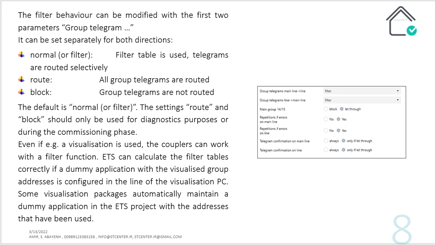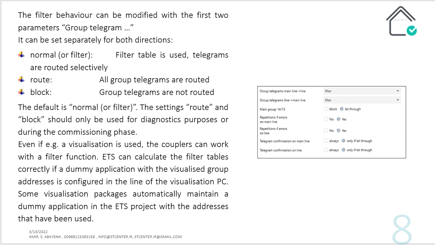Normal, which means with a filter: the filters are applied, and by default in the parameters these settings are set for the couplers. And we also have route, which means there is no filter and all the telegrams can be routed. And block, which means no telegram can be transmitted from the main line to the line or from the line to the main line. So this is so important.